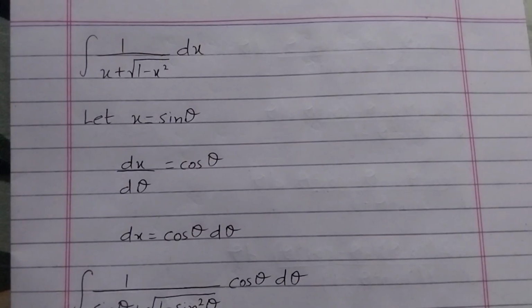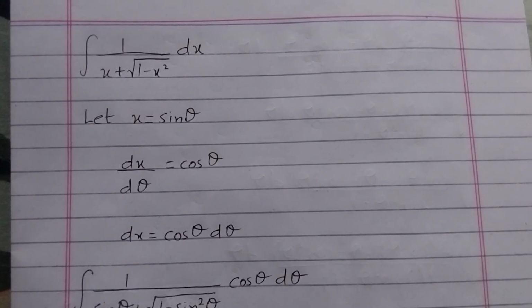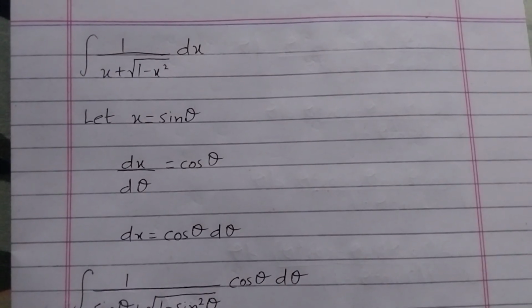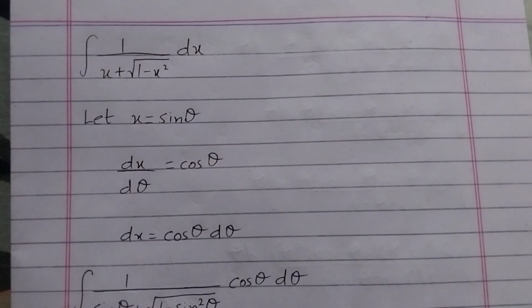And we see a fraction, 1 over something, and we see two terms in the denominator.